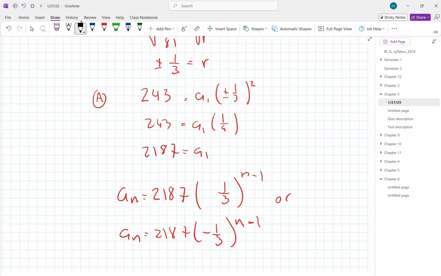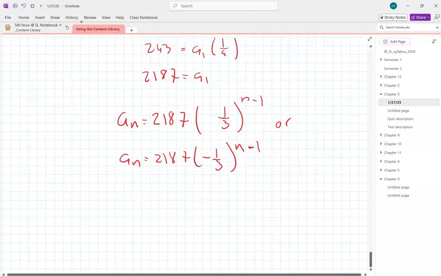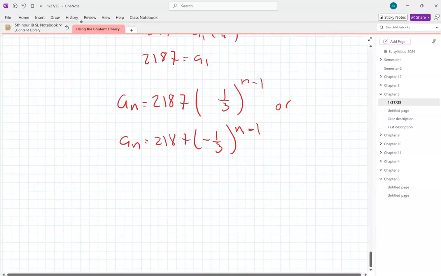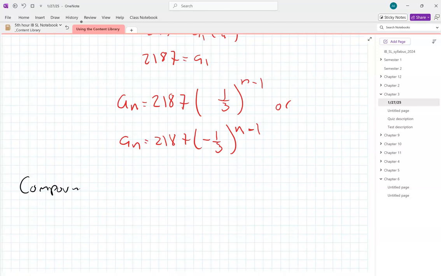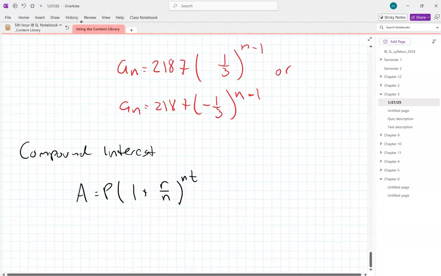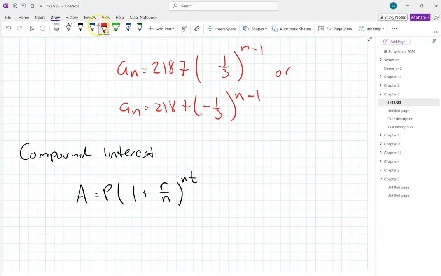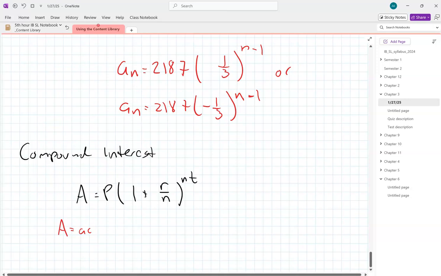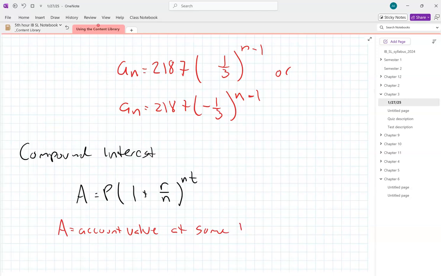The other thing they like to give you here is going to be these financial problems. Again, here we're going to see compound interest instead of simple interest. So the compound interest formula is generally written this way, where A is the account value at some future time n.